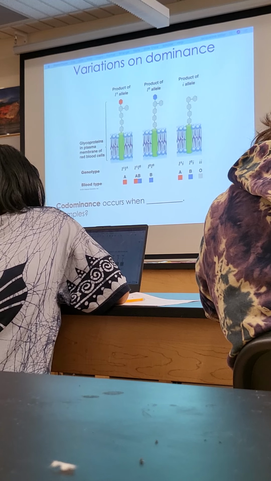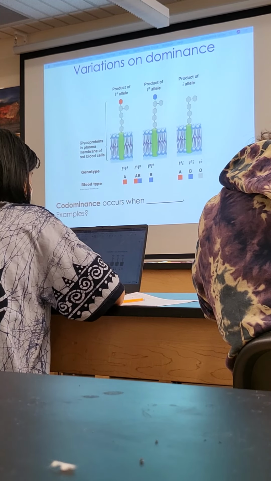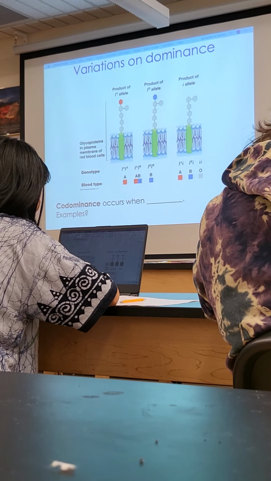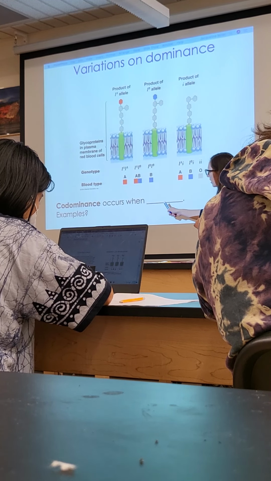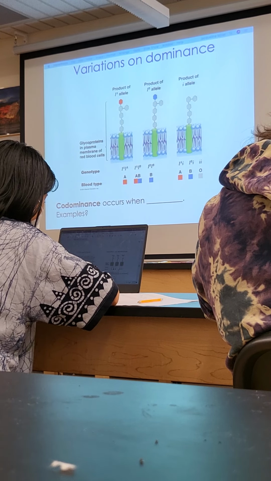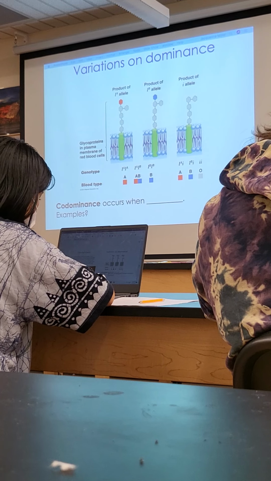So in this example, codominance occurs when both alleles are equally expressed. So the traits encoded by both alleles are expressed to the same extent. So we see both.